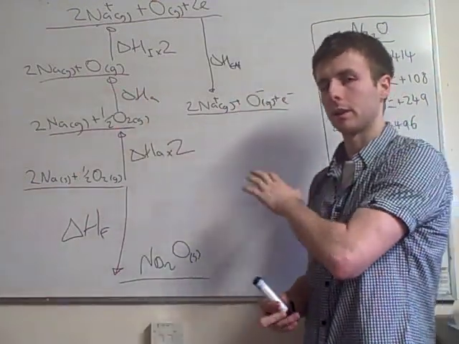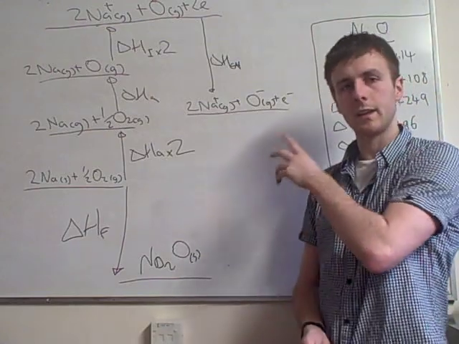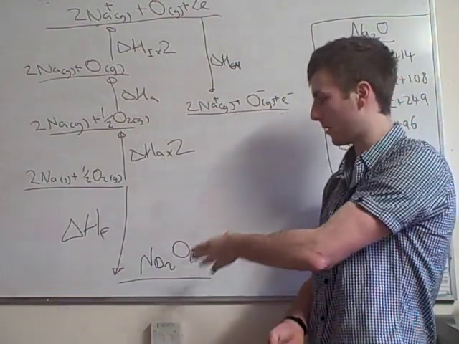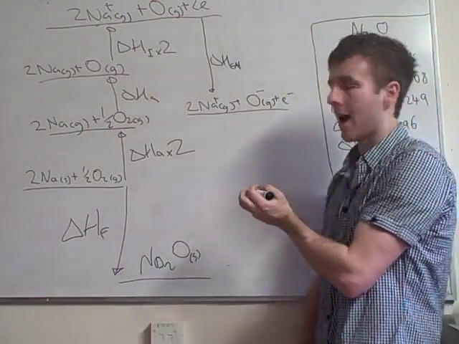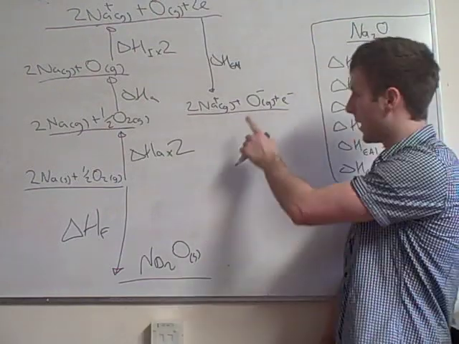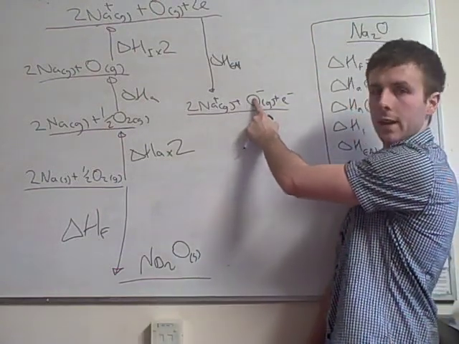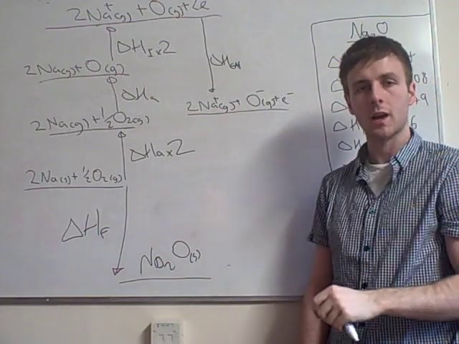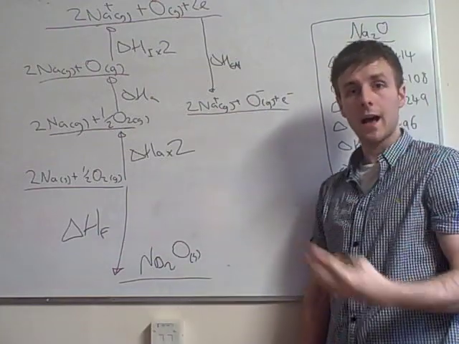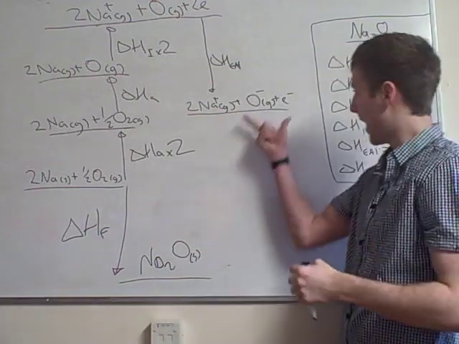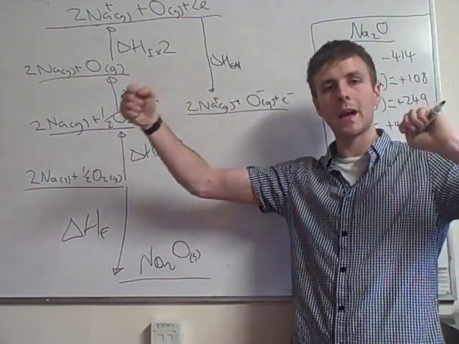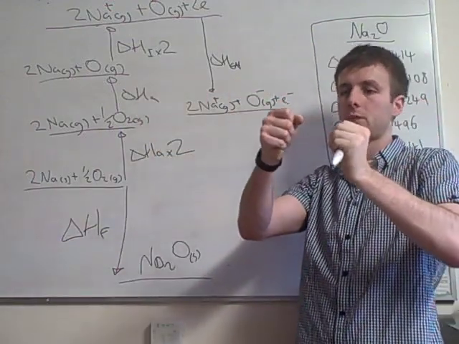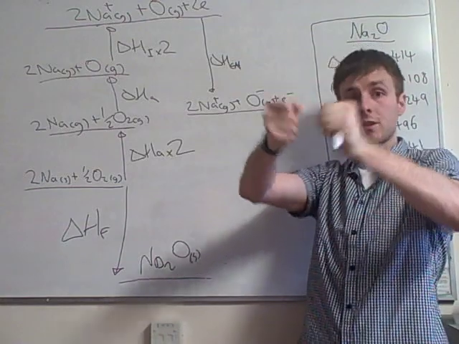But, and this is different to the last video, oxygen needs to gain 2 electrons to become a lattice. So I need to add a second electron. I've already added an electron here, so this already has a negative charge. My electron also has a negative charge. I'm trying to bring 2 like charges together, and as you probably know since year 8, like charges repel.